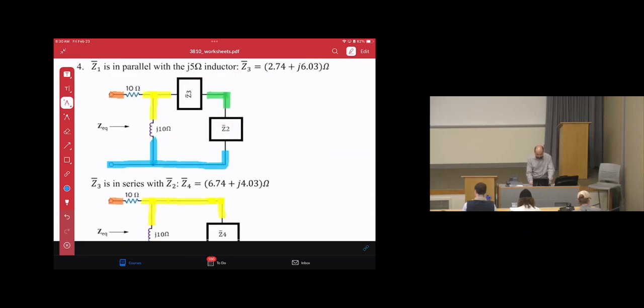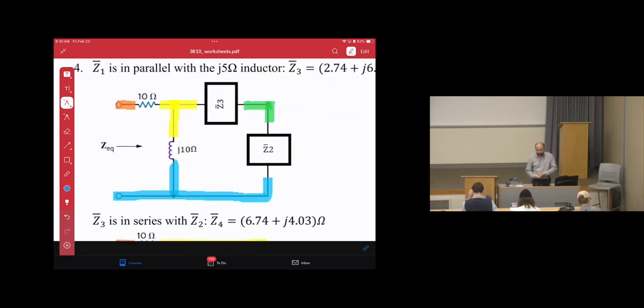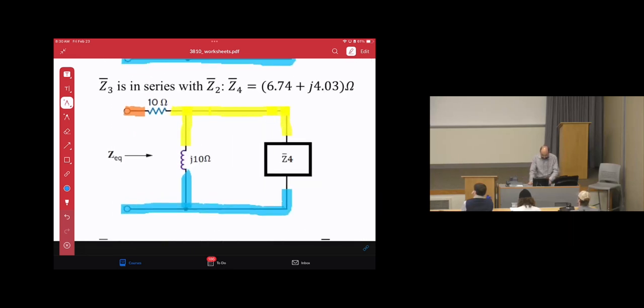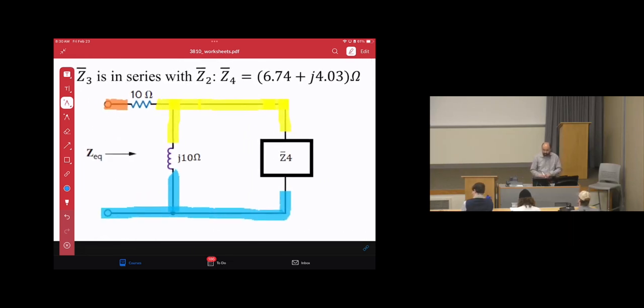Okay, so the next step, redraw the circuit with this simplification. It's called Z3. Now, we can say Z3 and Z2 are sharing one common node, the green node, and if there is a current, they're sharing the same current, right? Therefore, they are in series, then add them. Z2 and Z3 will be added together because they're in series, which yields Z4. Then we will say that Z4 and j10 are in parallel.